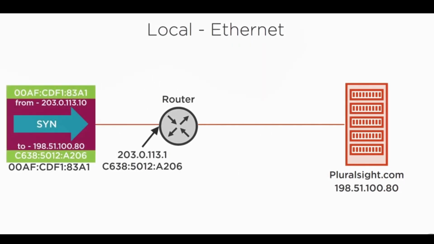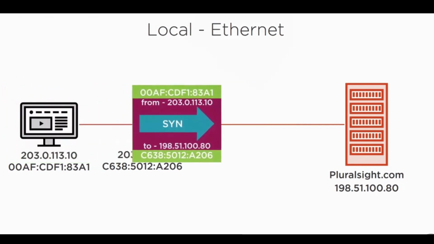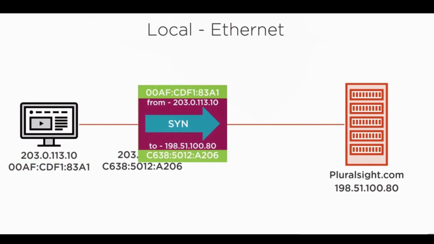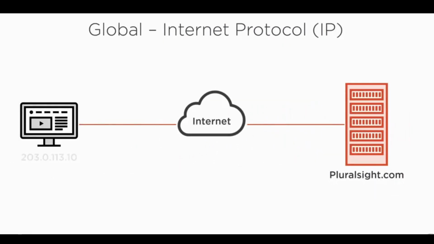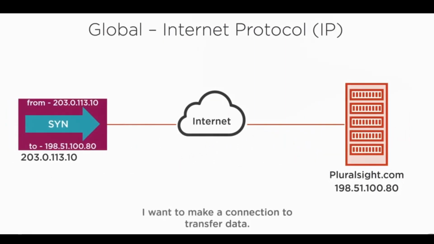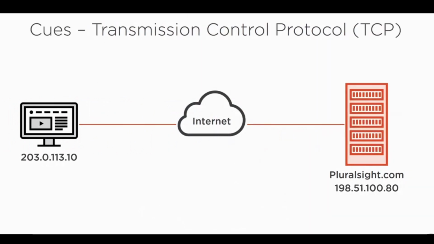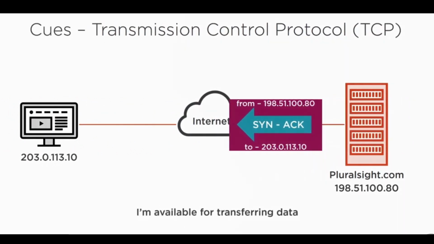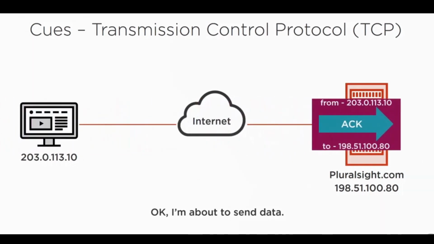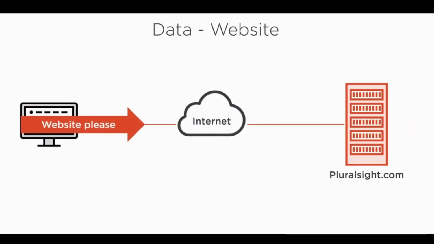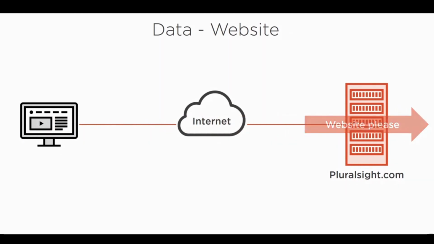We use the wire to transfer our local addressing information, which contains our global addressing information, which contains our SYN message to build the session, which is eventually going to allow us to get the website. So we have our global addressing, we send our SYN, we send our SYN-ACK, we send our ACK. We ask for the website, Pluralsight sends us the website.